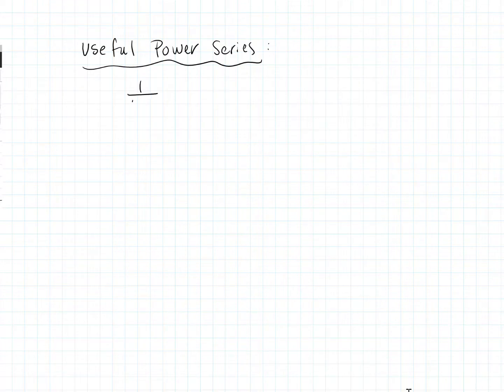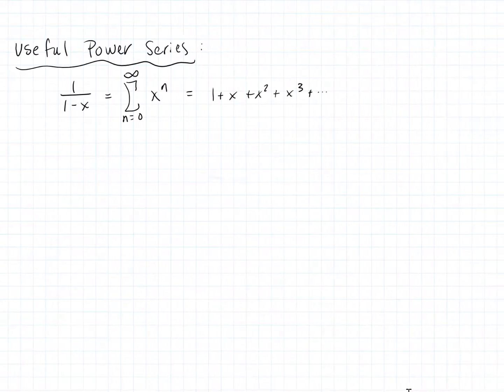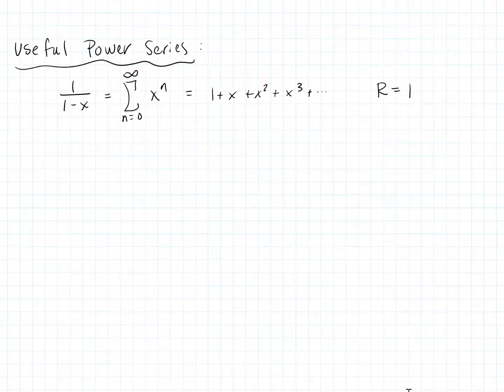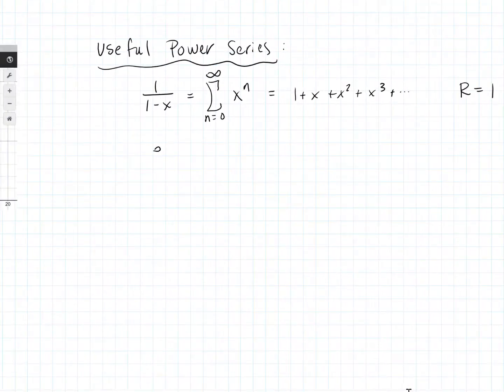So we have 1 over 1 minus x, which is the power series x to the n from n equals 0 to infinity, which is 1 plus x plus x squared plus x cubed, and that is true for a radius of convergence equal to 1. Now we can add in e to the x.